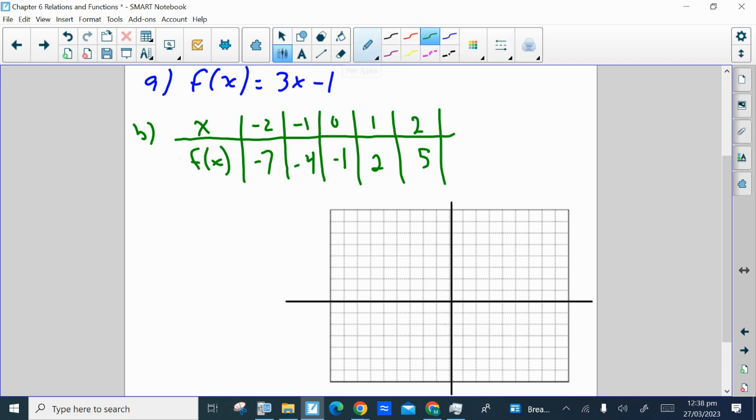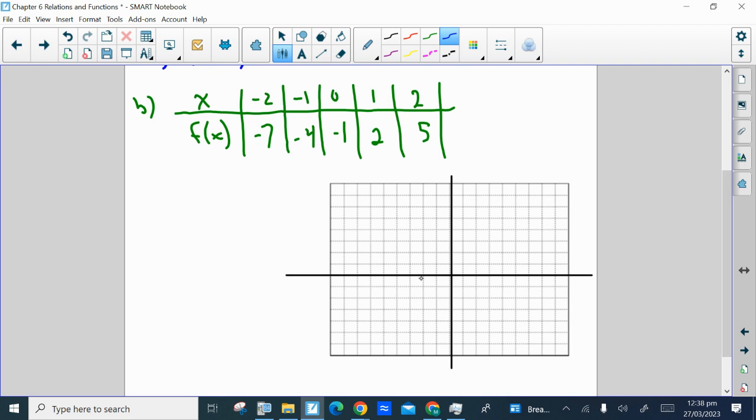If we put the points, the first point is negative 2 comma negative 7, down there. Negative 1, negative 4 is there. 0, negative 1. If x is 0, you don't go left or right, but you go down 1 unit. 1 comma 2 and 2 comma 5.